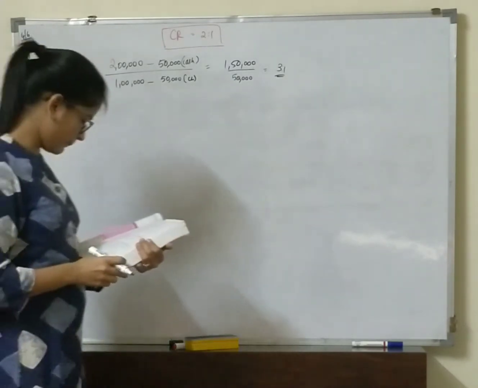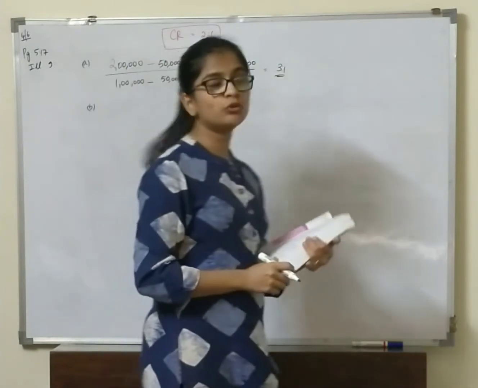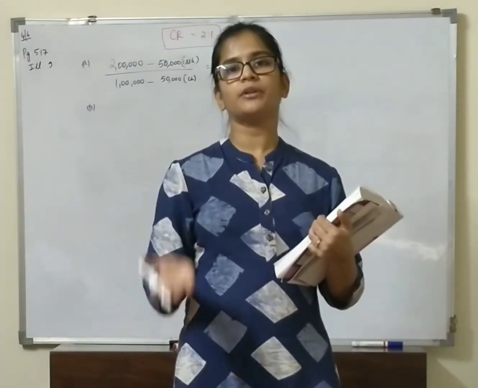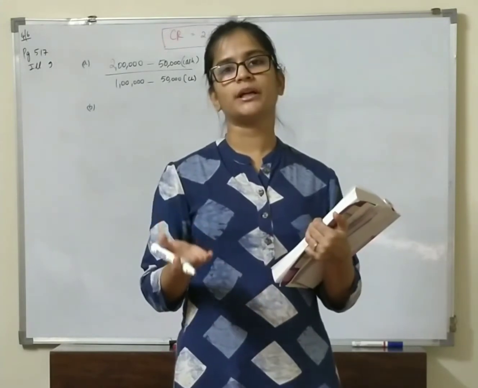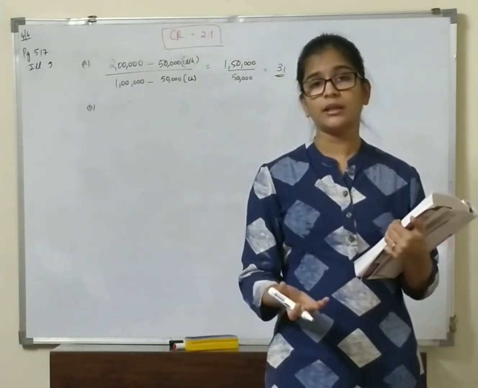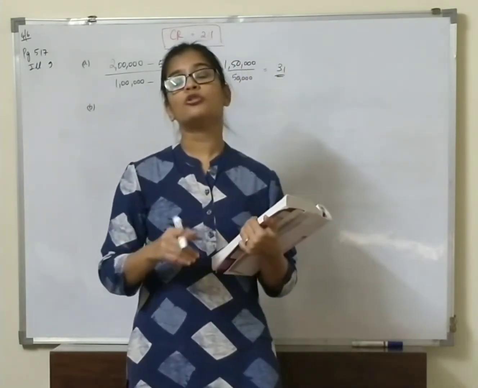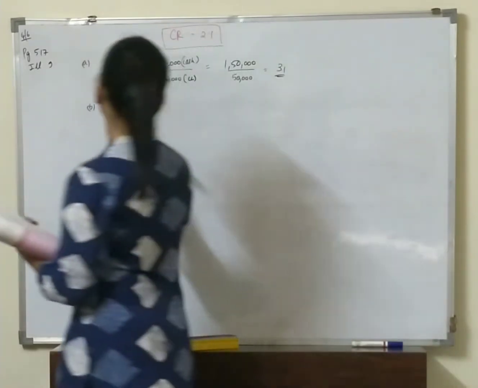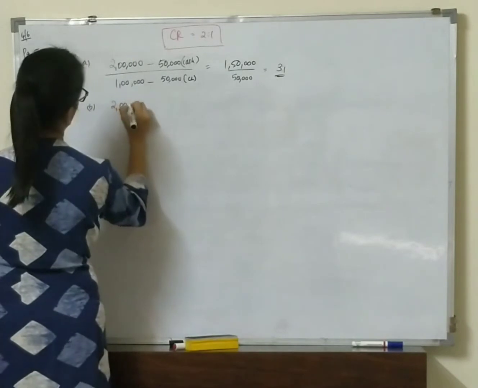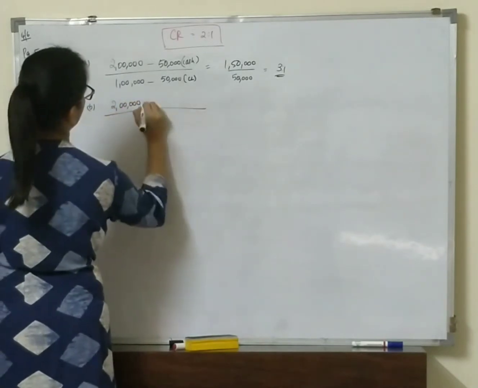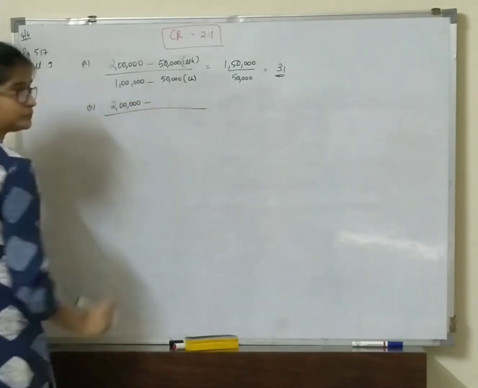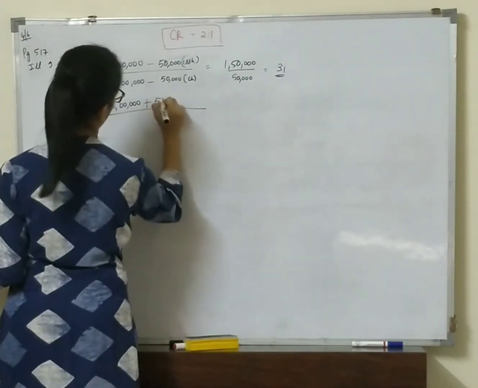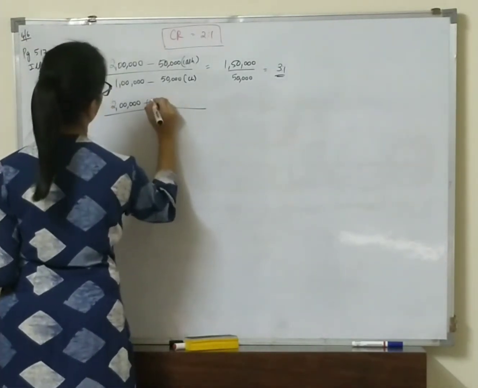Next, the B part. Purchasing goods on credit. When you purchase goods on credit, what happens? Your inventories increases, which means your current asset is increasing. Your current liability also increases because your creditors are increasing. So again, say 2 lakh is your current asset. You purchase inventories worth 50,000, or say for example 25,000.